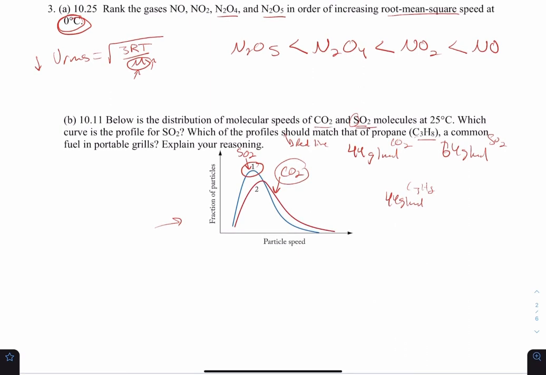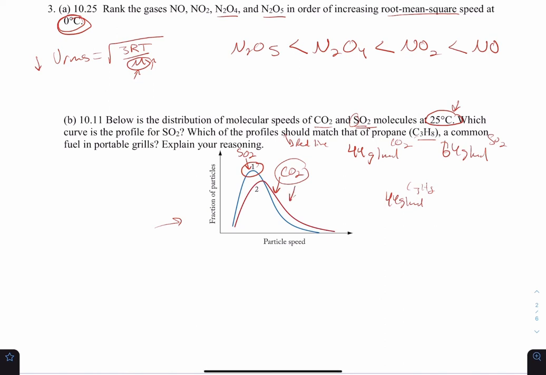One other thing I want to note here is that on the test, they may ask you something to the effect of, you have this distribution of gases, which one would have the higher kinetic energy? Now, here's the thing. Any gas that is at the same temperature as another gas will have the same kinetic energy as that gas. Okay, so any two gases that have the same temperature, in any gas sample, will have the same kinetic energy.